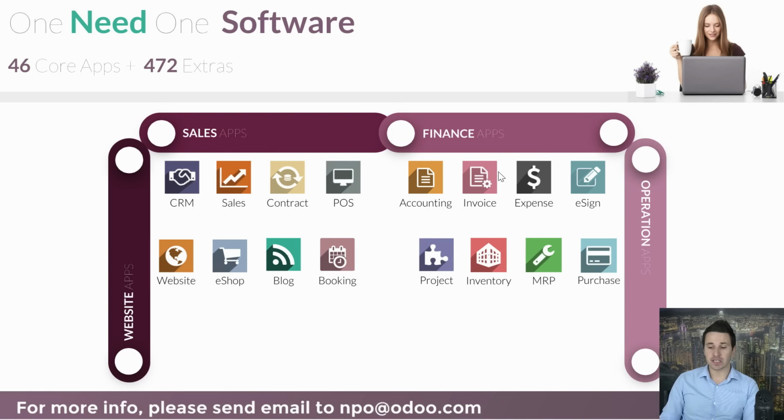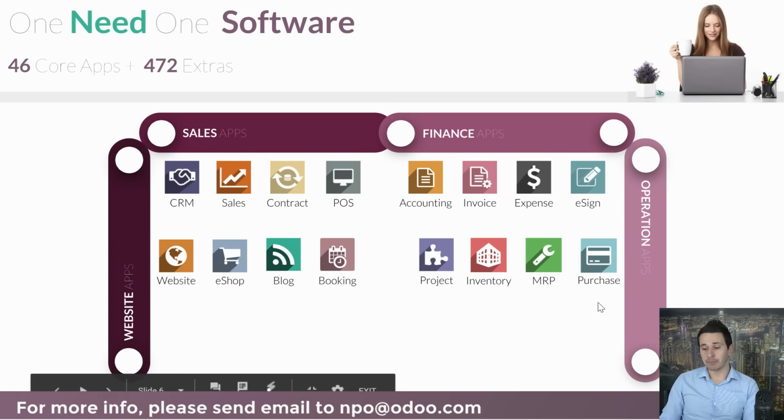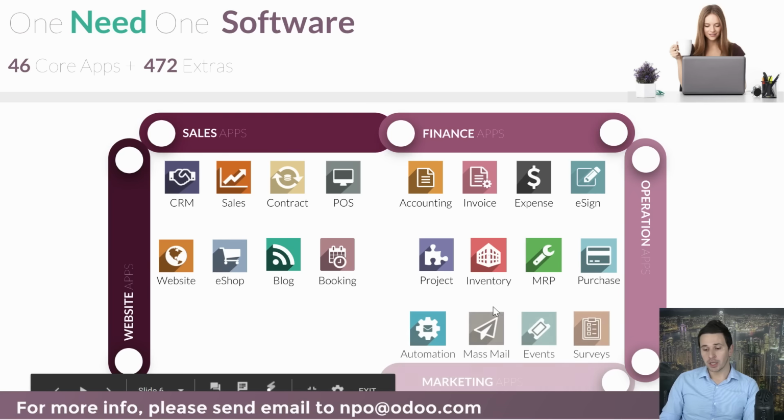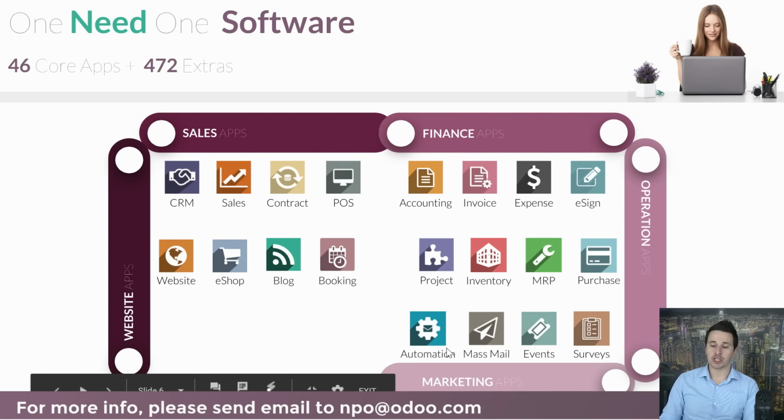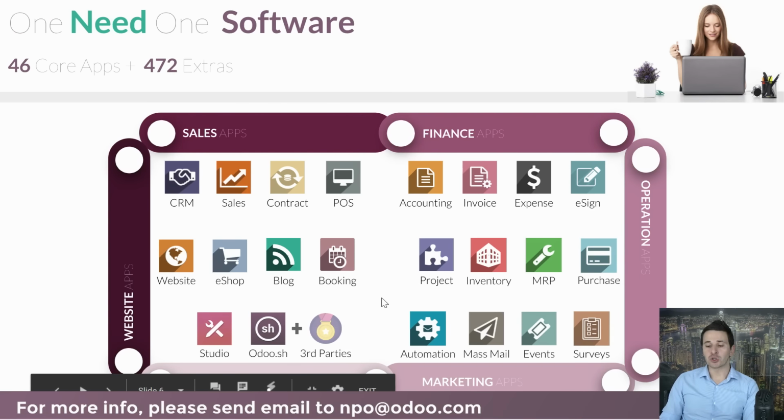Whether you're a service team, you want to manage projects and timesheets, for example, or a stock management company, you have the inventory, production with manufacturing, and purchase for all of those, as well as the marketing tools to keep a good interaction with your customers. So marketing automation, mass mailing, event management, and finally we can also do customization.